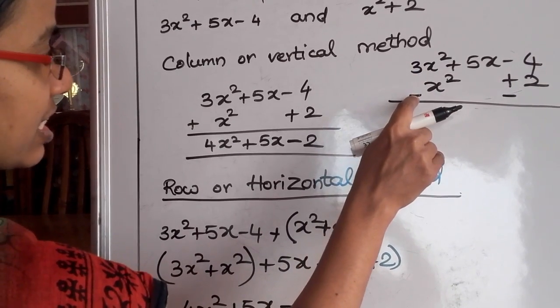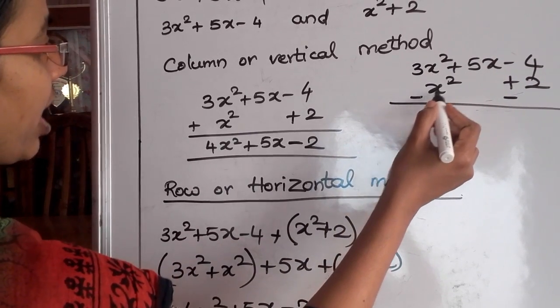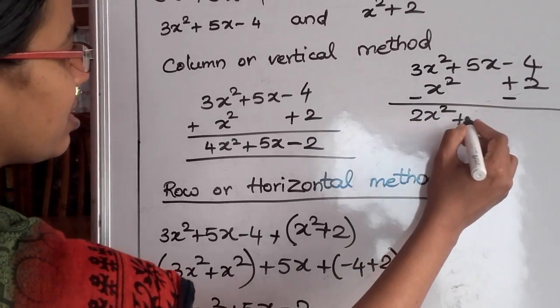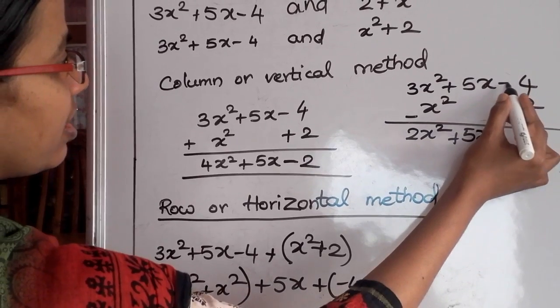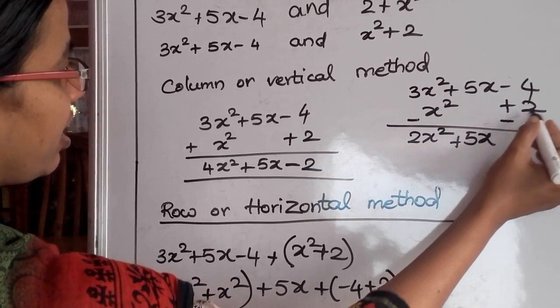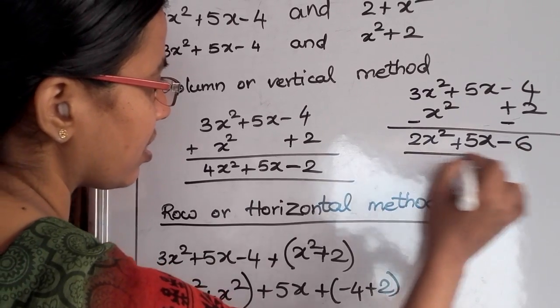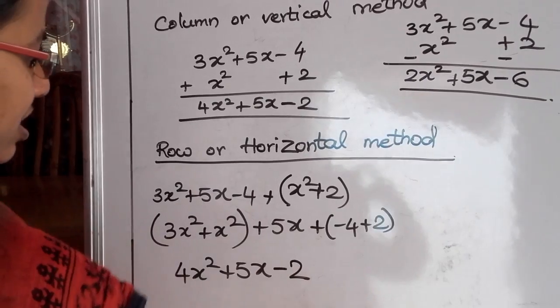We are going to see the sign which is opposite to that. 3x square minus x square is 2x square plus 5x, and this is minus of plus 2. Minus 4 minus 2 is minus 6. So when you subtract these two, you got the answer as this.